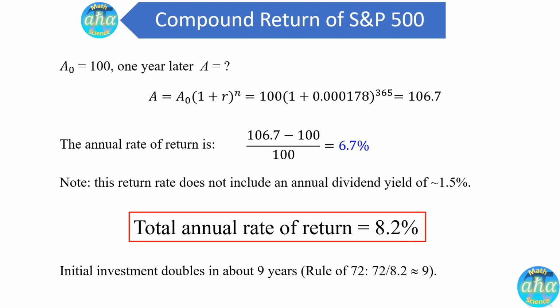Again, this is on average. You get this average effect if you keep the investment in the index for a long time. Sometimes, over a period of 1 or 2 years, this does not necessarily work. It really depends on the current market. But on average, this is what you should expect.